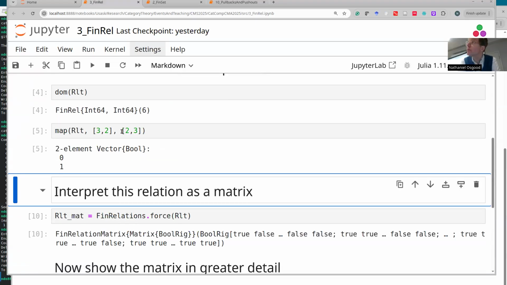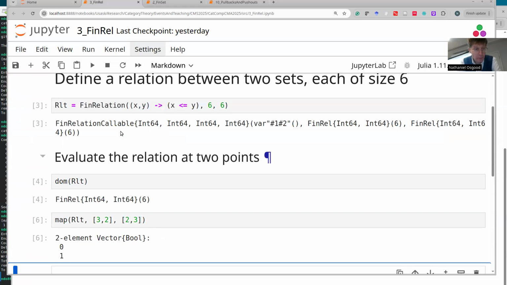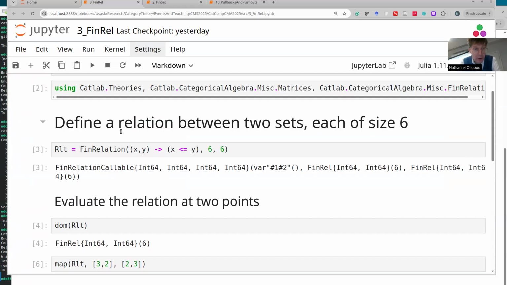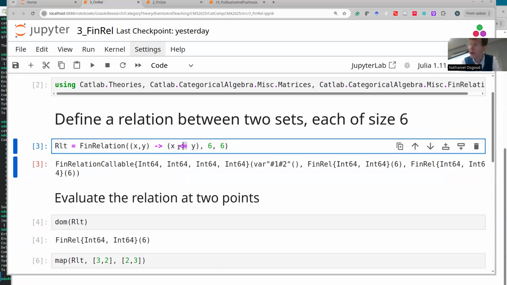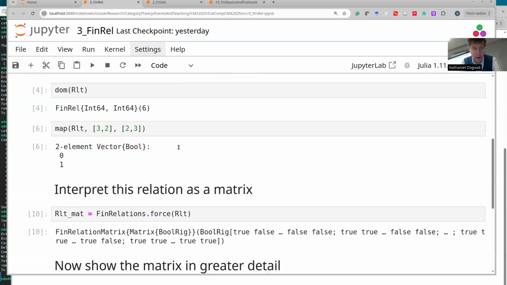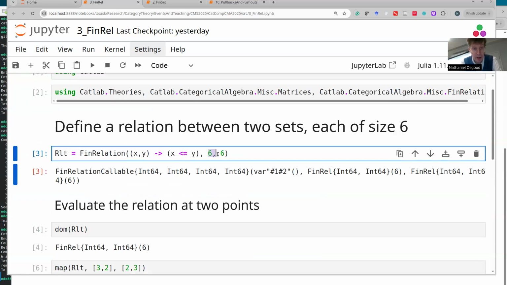Can you interpret the source code for me? Sorry, this one right here? That one. This is less than or equal to. It's just less than or equal to. So this is a map from a FinSet 6 to a FinSet 6.